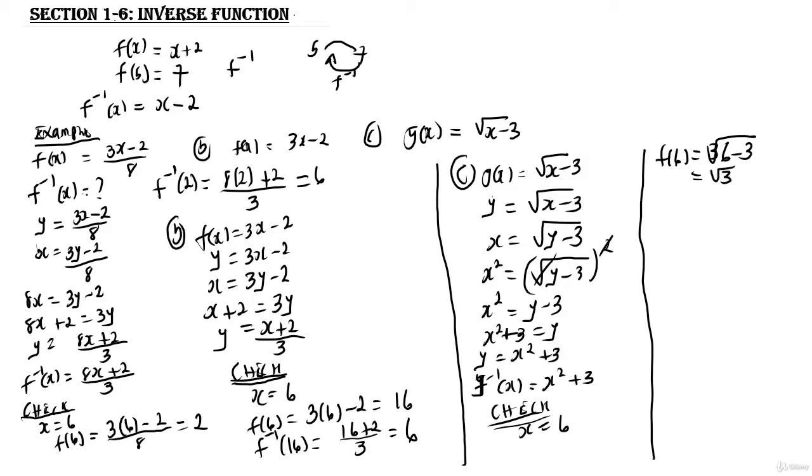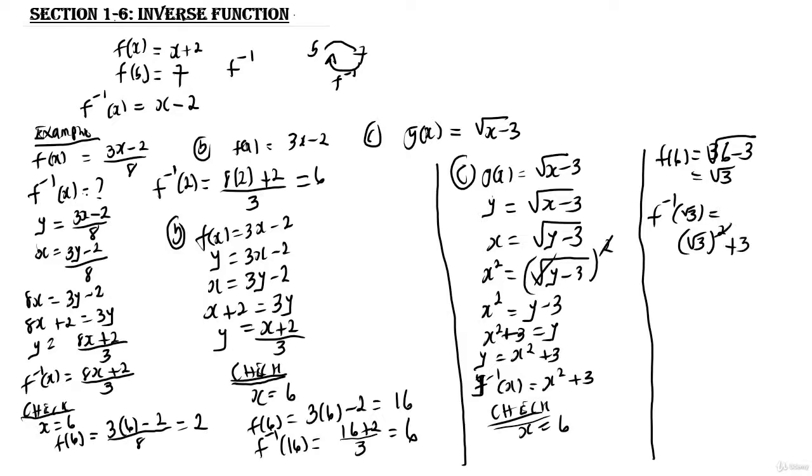So now we're going to take this value, the square root of 3, and plug it into the inverse function. So this is going to be f raised to the power minus 1 of the square root of 3. It's going to give us the square root of 3 squared, right, plus 3.